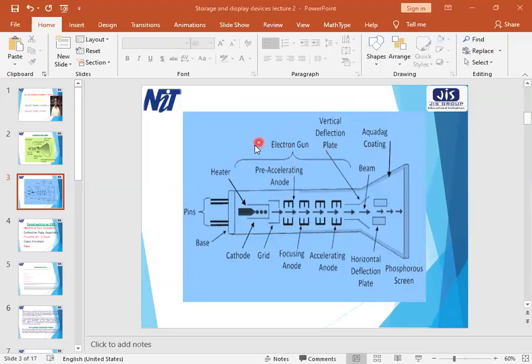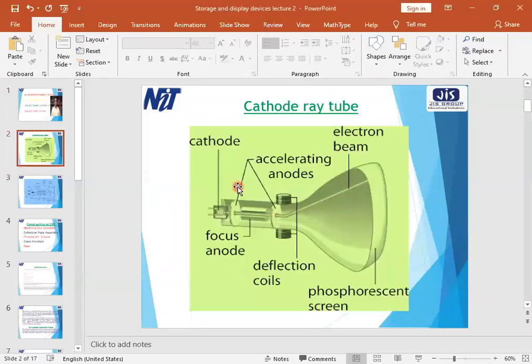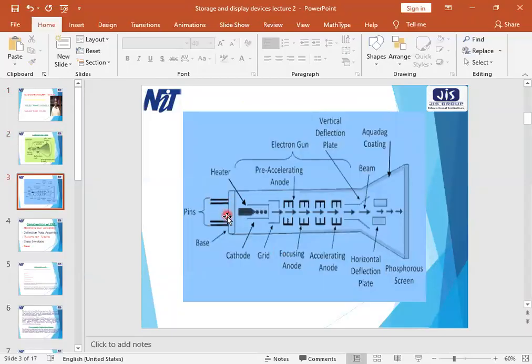Now the schematic diagram of this cathode ray tube is this one, where you see these two pins, as you have seen here. The whole system is enclosed in a glass.